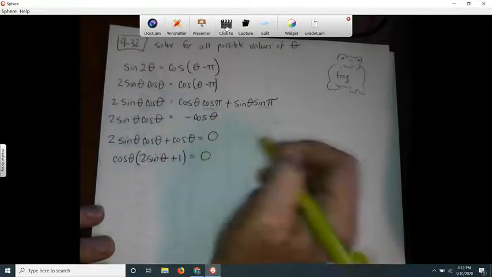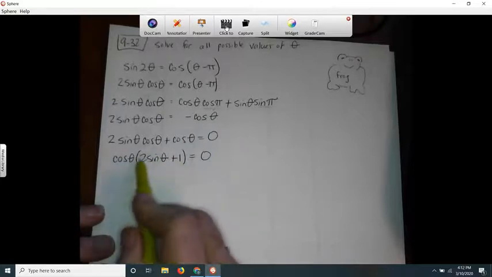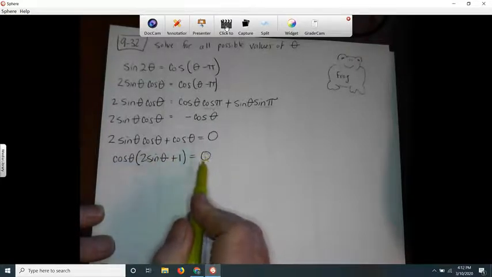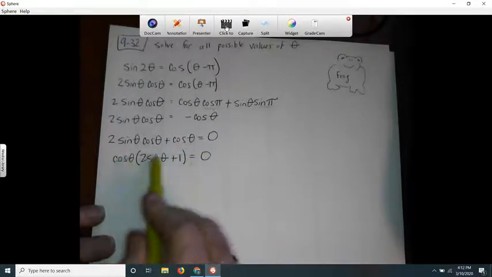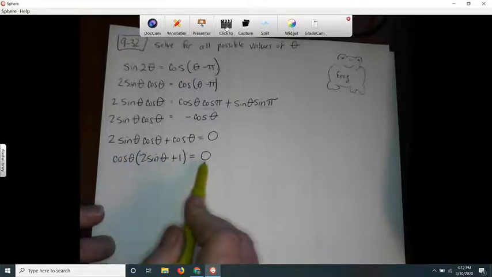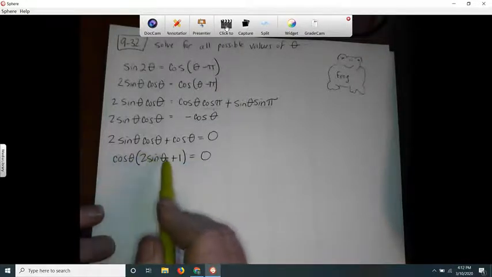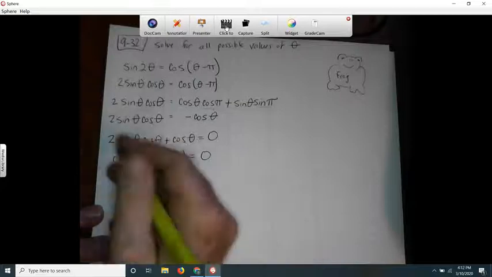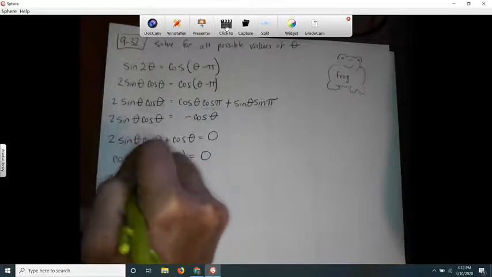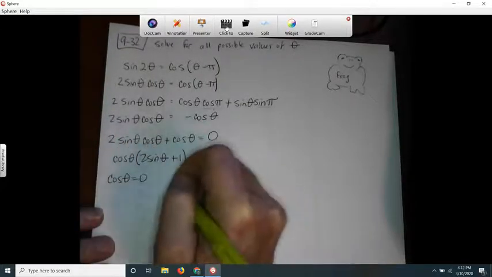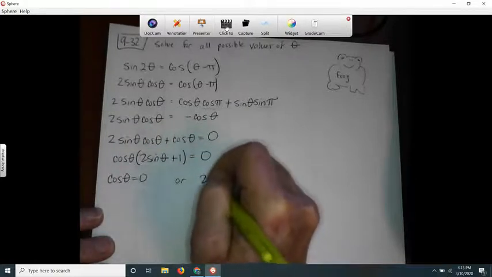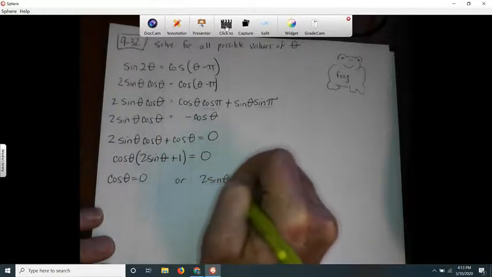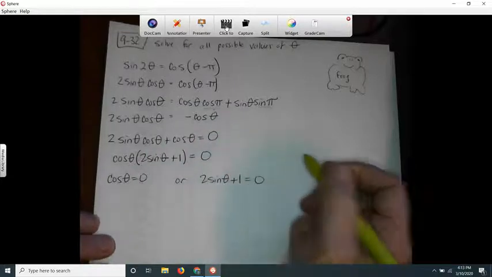Okay, now I have something times something else equals 0. If I multiply two somethings together and the answer is 0, one of the two somethings or both have to be 0. So I'm just going to rewrite it as cosine theta equals 0, or 2 sine theta plus 1 equals 0.